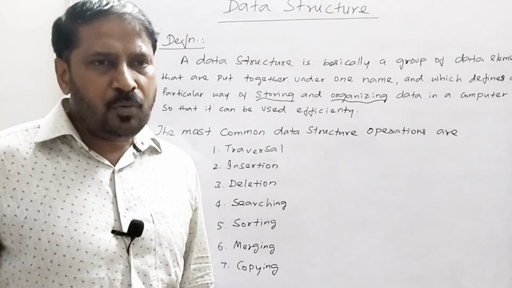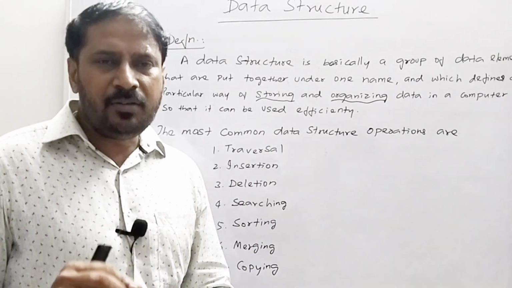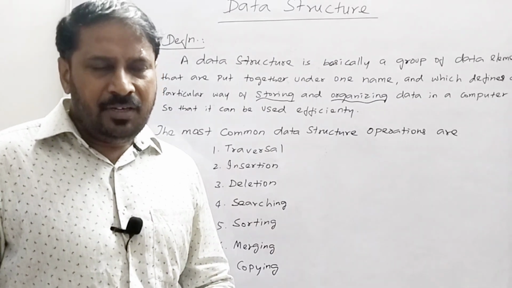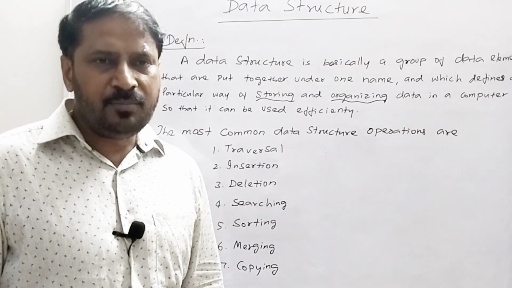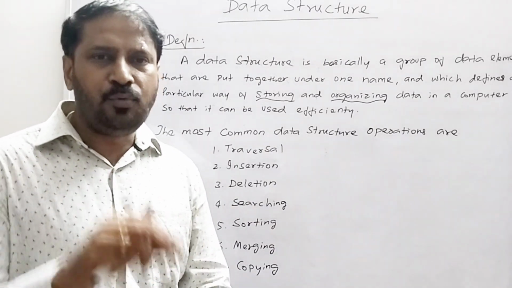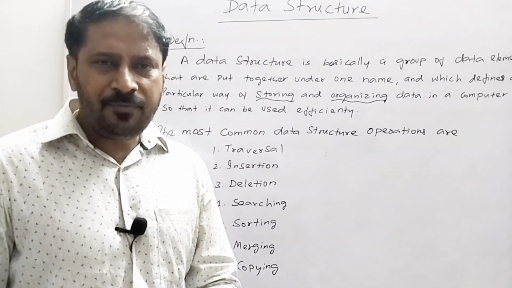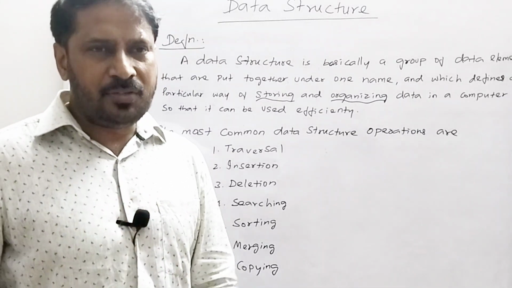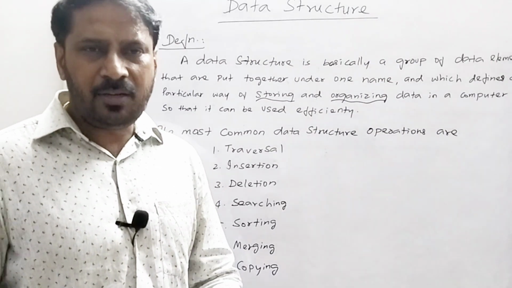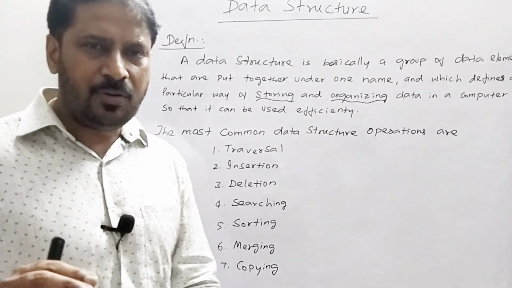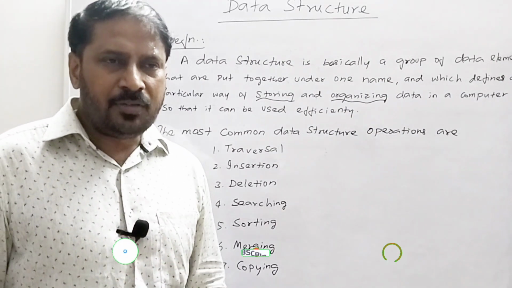For example, if that particular 5.3 height fellow is sitting in the first bench itself, maybe after 4 measurements I may find that student. Whenever I find the student, I stop the process. I don't want any other measurements. I got a result, that's why I stop the process.